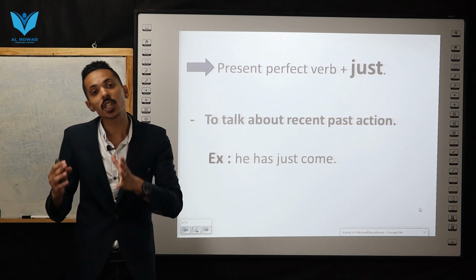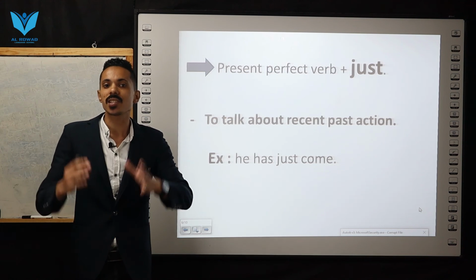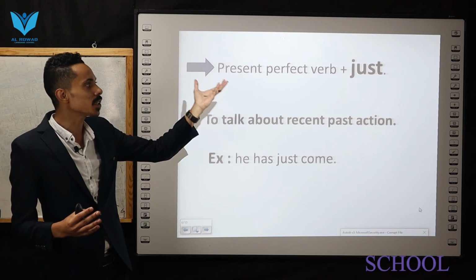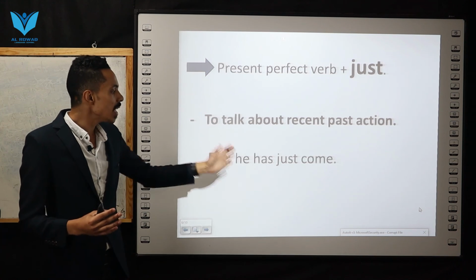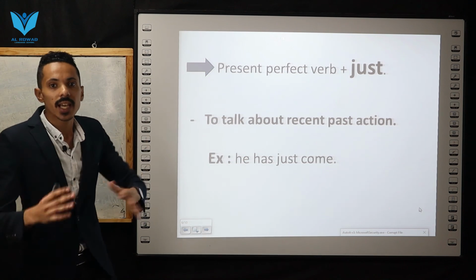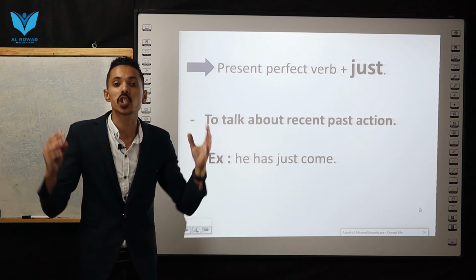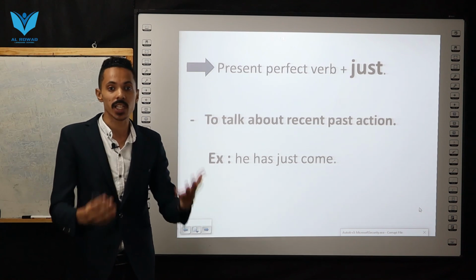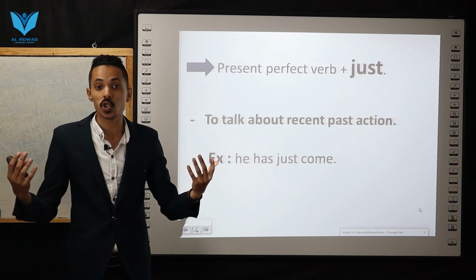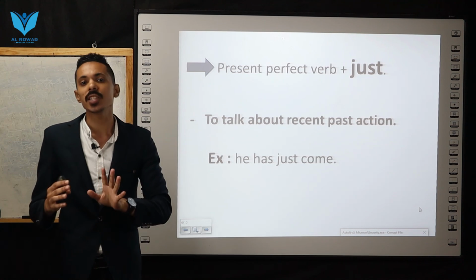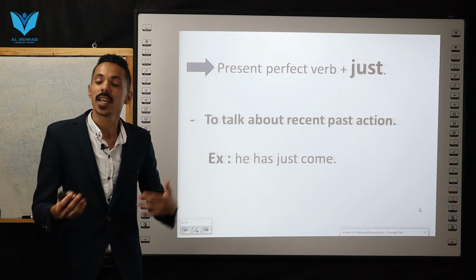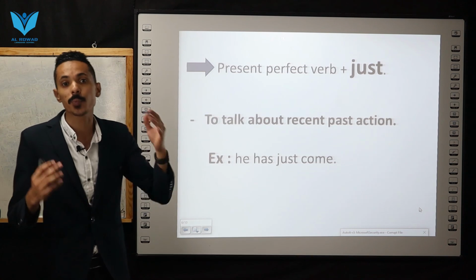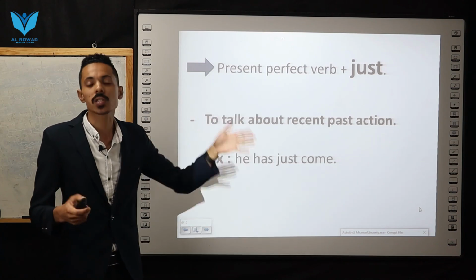It's the same meaning and usage as the present perfect verb and just. He has just come. This means he finished the action a short time ago. So again, if you want to talk about an action that finished a short time ago, you can use the past simple, like he came a short time ago, or you can use the present perfect plus just. He has just come.